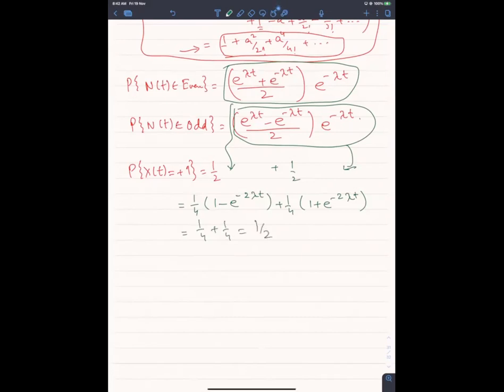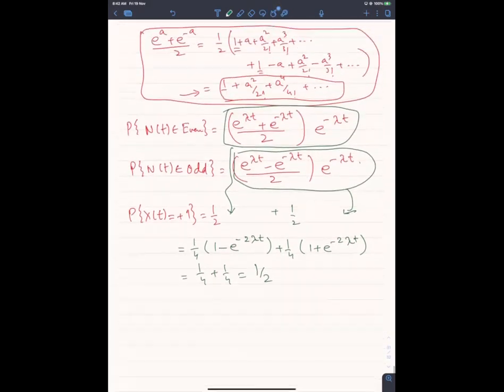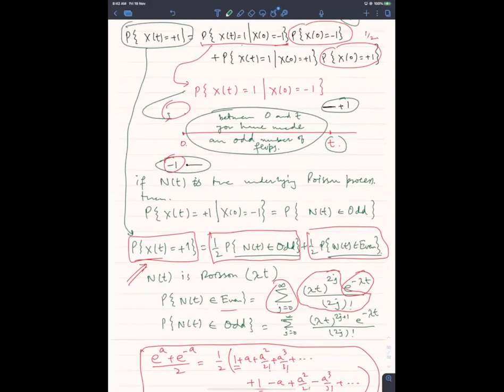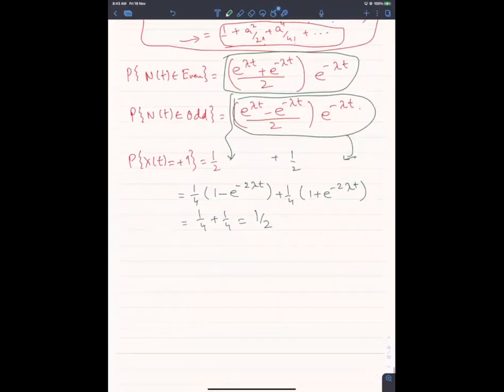Wow, if someone had to make a random guess, they would guess exactly this. You have a random telegraph signal which started from somewhere, which started at t equal to 0, either from +1 or from -1. We don't know where it started. Irrespective of where it started, at a future time, say after 100 years, you look at it. Is the value of the random telegraph signal after 100 years +1 or -1? It does not matter whether you started from +1 or from -1. After 100 years or 200 years or a million years, the probability that the random telegraph signal takes the value +1 is 1 over 2.